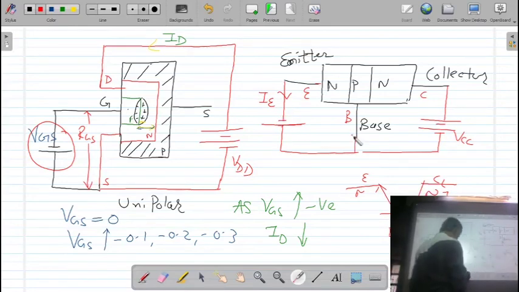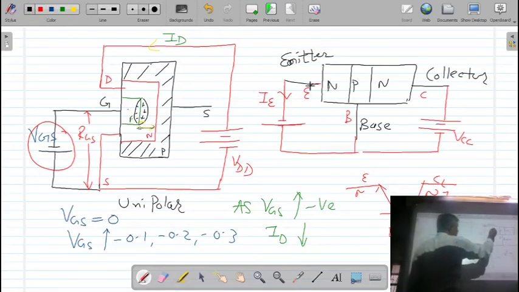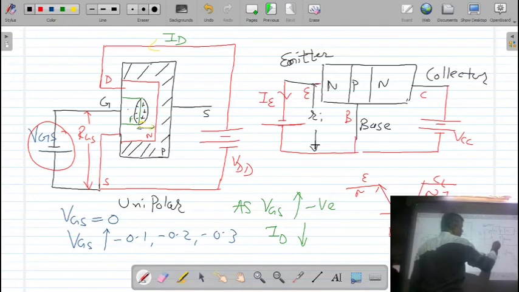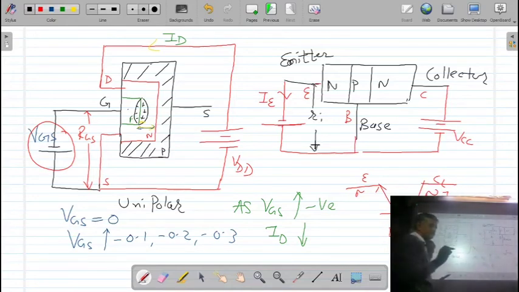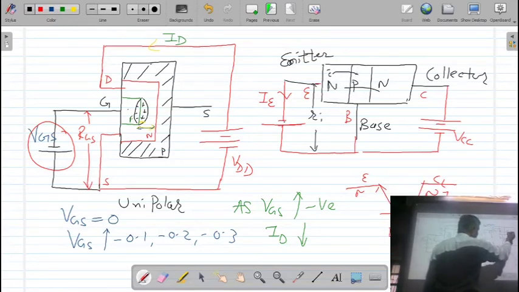So you already know that if the transistor is in forward bias, the input resistance is very low. Remember, this is in forward bias, so the electrons will cross this depletion layer and enter the base, and most of the electrons will cross the entire base and reach the collector.